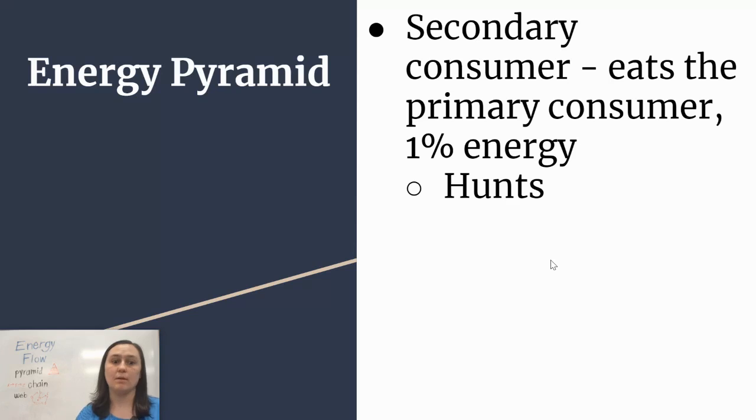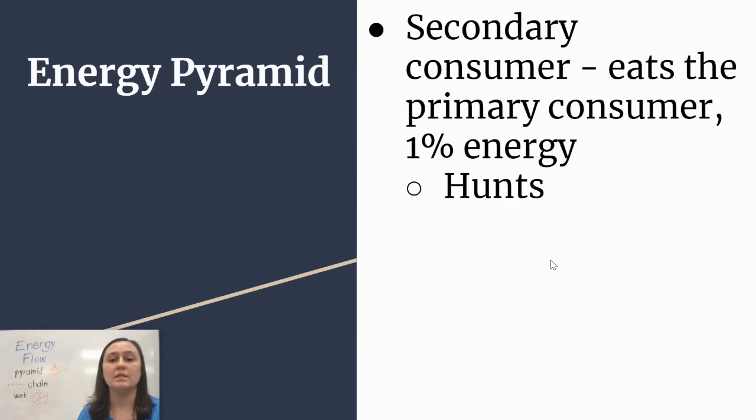The snake is going to come eat the rabbit. Crazy stuff. But the snake has to find that rabbit. So, okay, it's searching around. There's less rabbits than there are blades of grass, I think you'd agree, in a field. So the snake sees the rabbit. Okay, there it is. And then it goes after the rabbit. When the rabbit realizes it's being hunted, if it's smart, it's going to run, right?